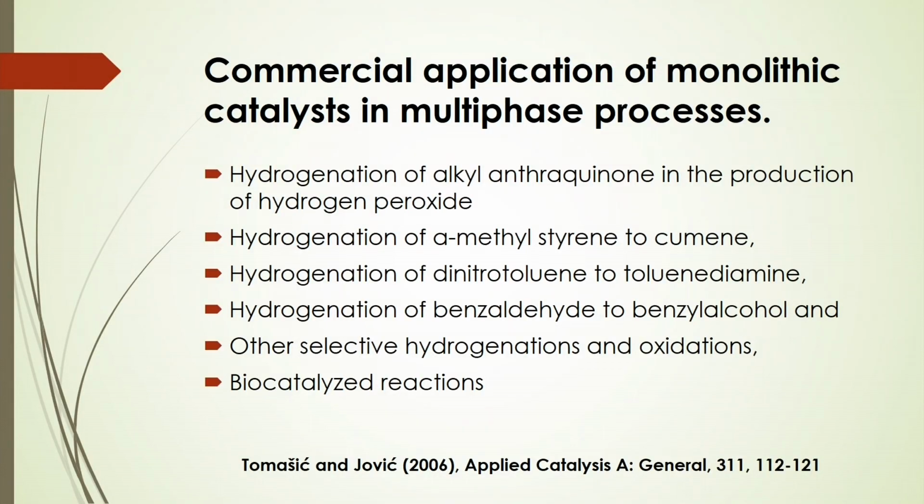trickle bed reactor. Whereas hydrogenation of alkyl anthraquinone in the production of hydrogen peroxide is generally used in commercially installed monolithic catalytic reactors. In that case, hydrogenation of methyl styrene to cumene is another example we have to remember, and also some biocatalyzed reactions are being used with monolithic catalysts in multiphase processes.